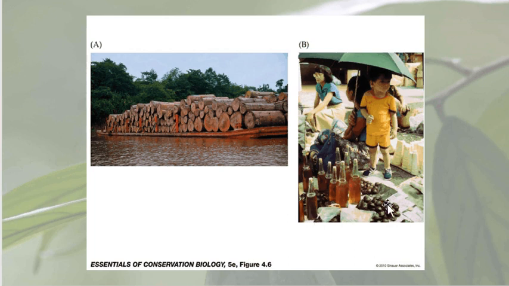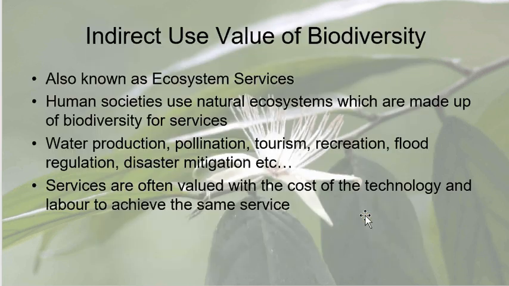It looks like some nuts there as well. So in this case, biodiversity, in this case fruits, nuts, and honey, is being harvested and is being sold at a market. Okay, so all of these types of biodiversity are direct use of biodiversity.